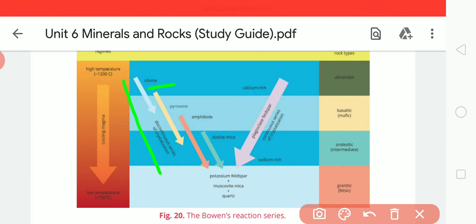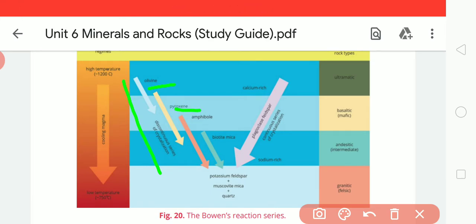Now if we reduce the temperature and subject it to further cooling, let's say to 1000, what will form is pyroxene.